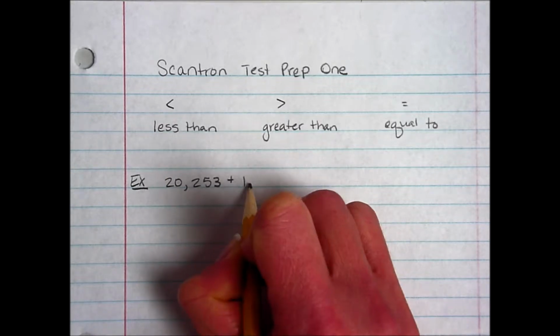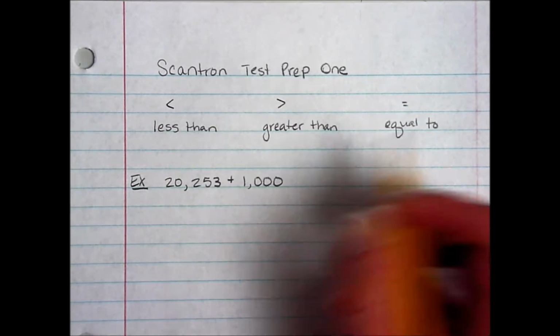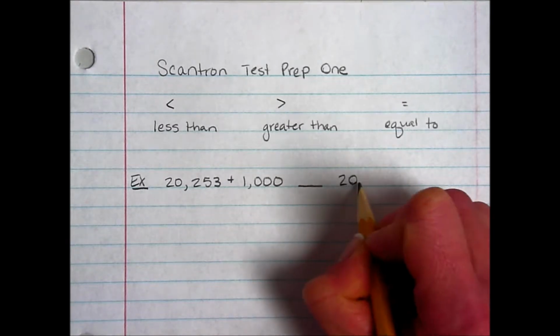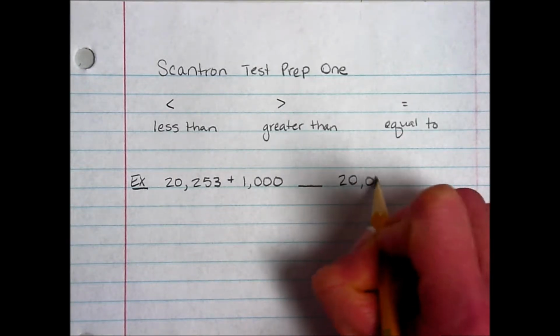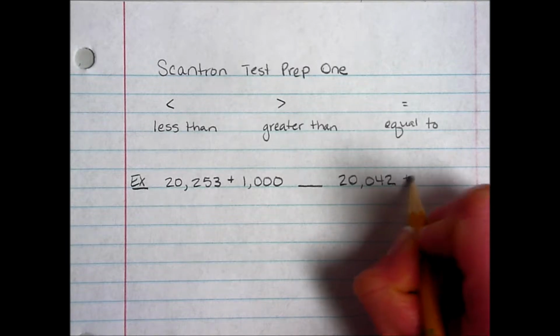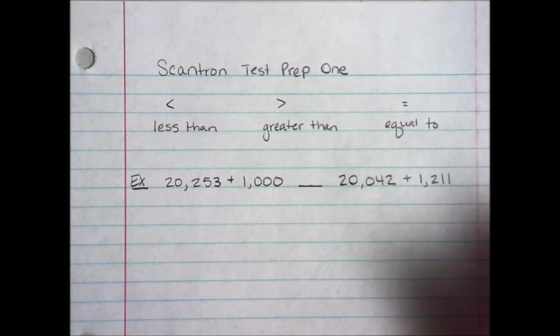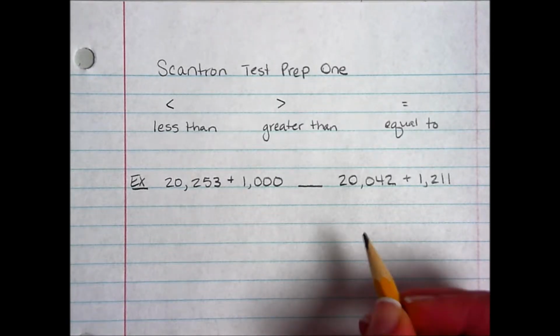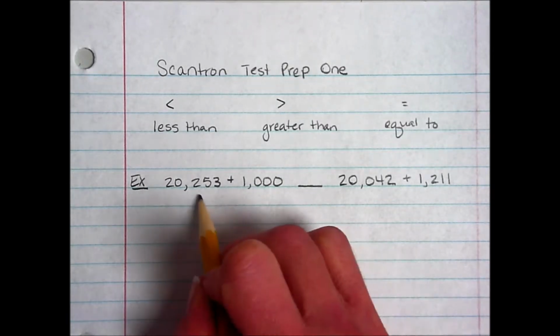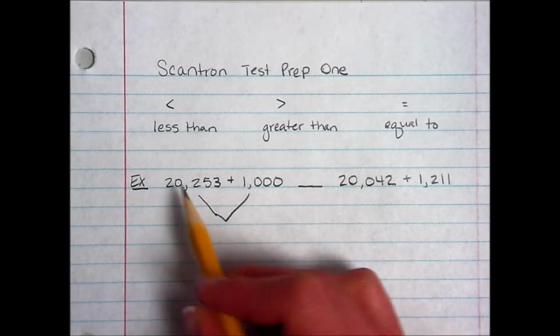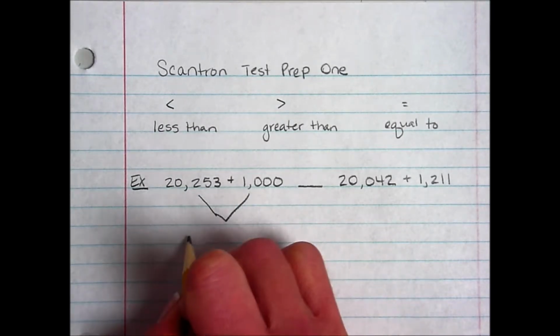20,253 plus 1,000. And we'll be comparing that to 20,042 plus 1,211. So what you'll do is use your calculator if needed, and you will add the numbers on each side.